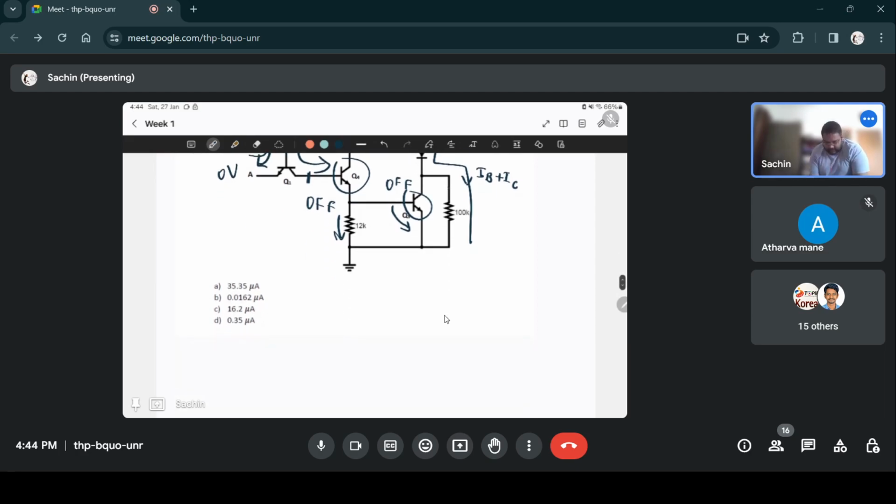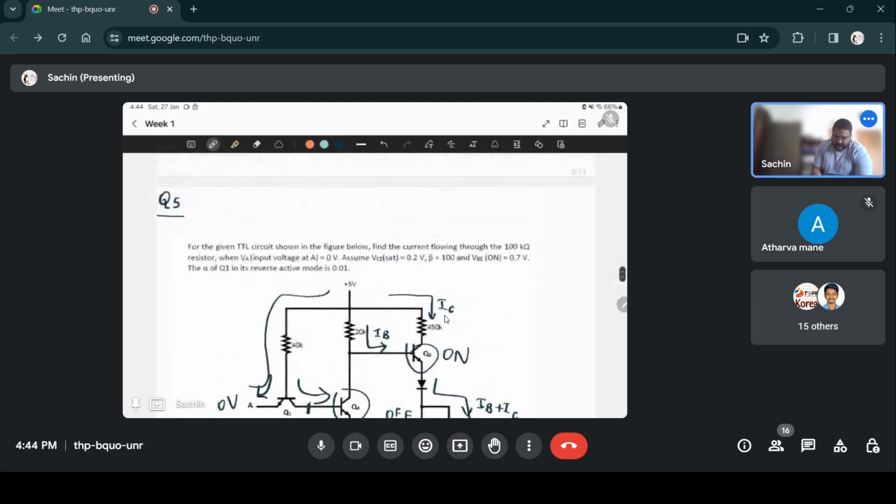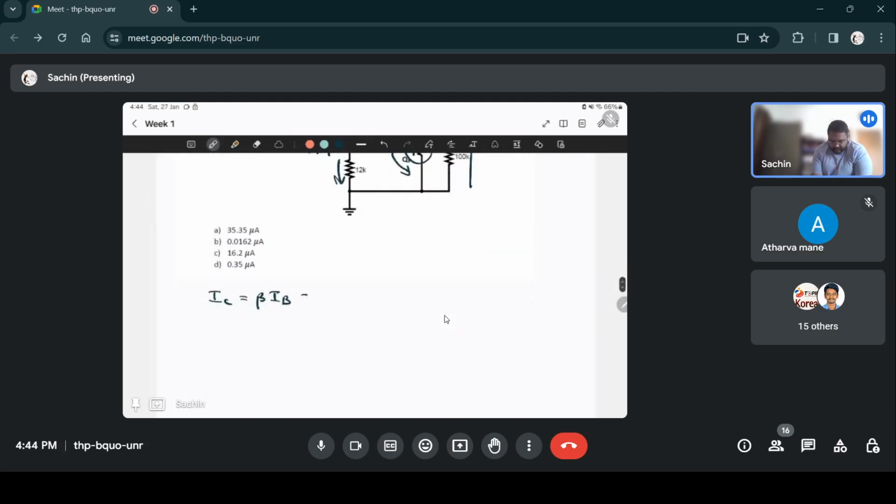And the useful thing here for the transistor is that IC will be equal to beta IB, and the given beta is 100, so it is 100 times IB.